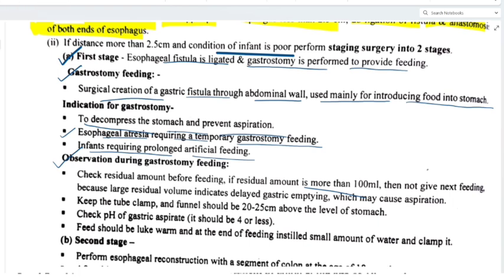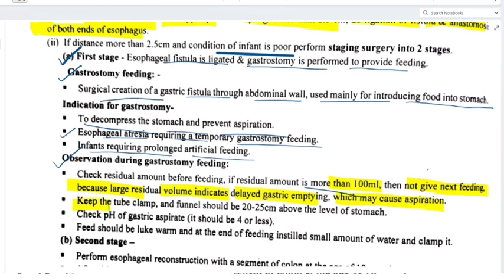We know. But in case of newborn, it is 100 ml. If it is more than 100 ml, then we are not giving any feeding, because large residual volume indicates delayed gastric emptying, which may cause aspiration. Again, if we are giving food, then it will cause aspiration.